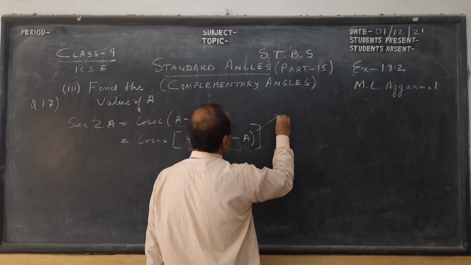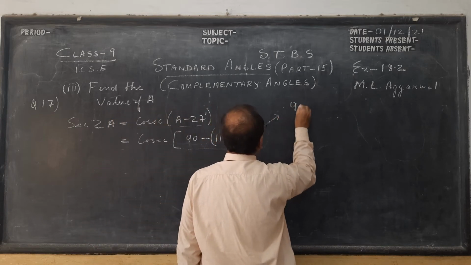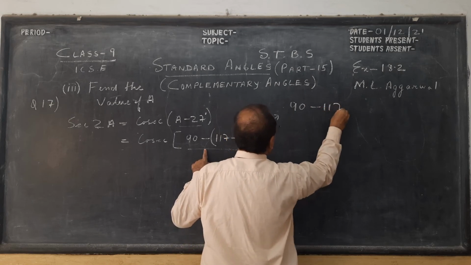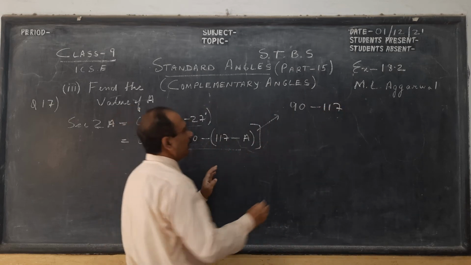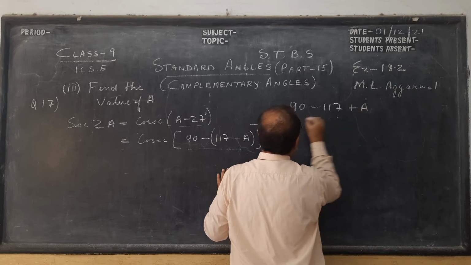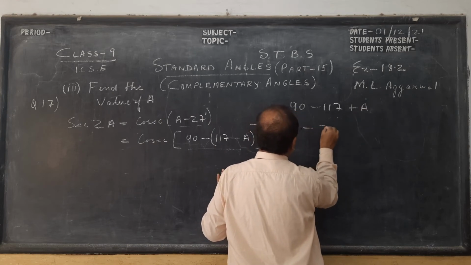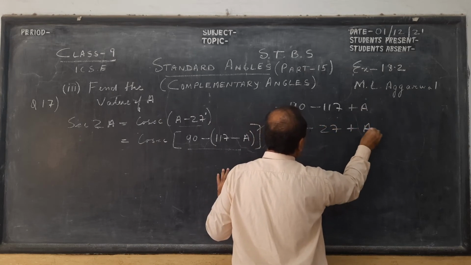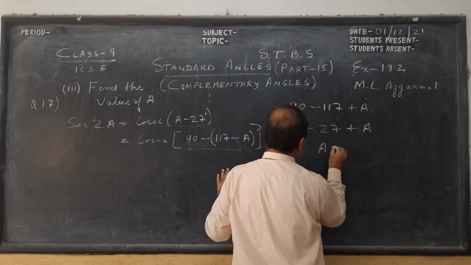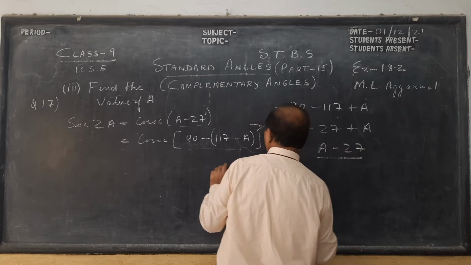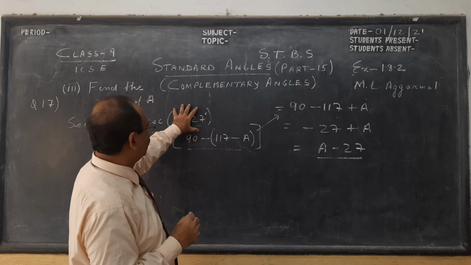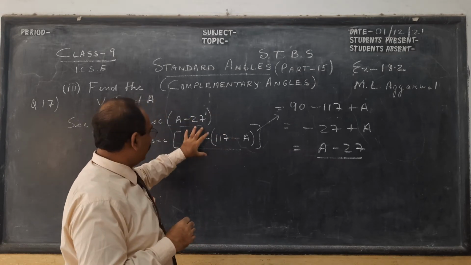Let me show you over here. 90, open the bracket, minus 117 minus minus plus a. So this, children, we get minus 27 plus a. So plus we write always first and negative second. So we get a minus. So this is nothing but this. You will say, why sir, why are we doing it like this?